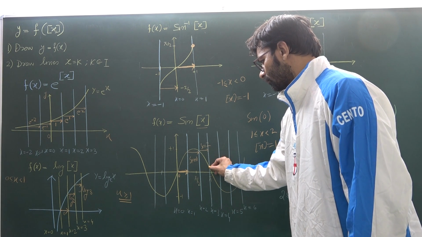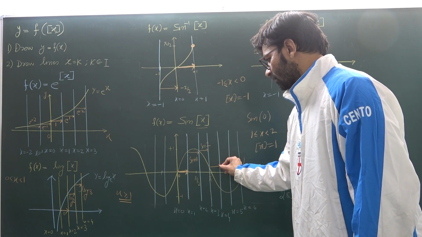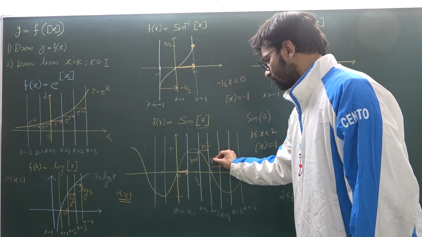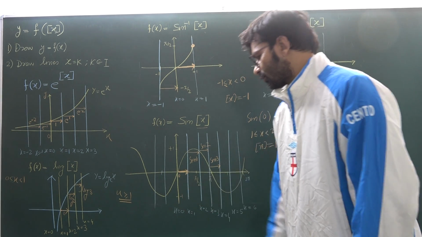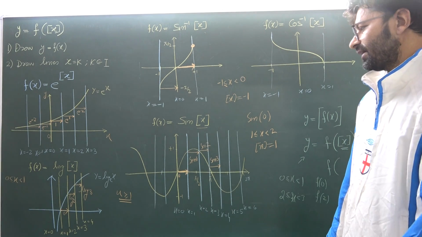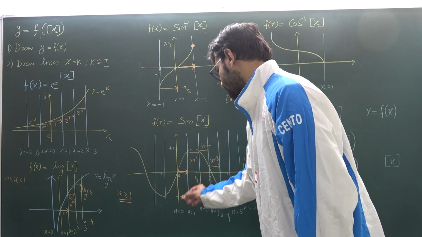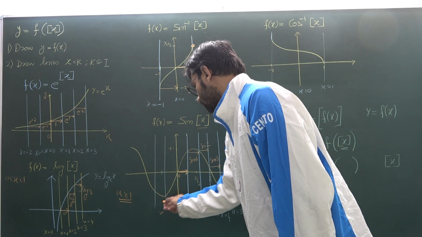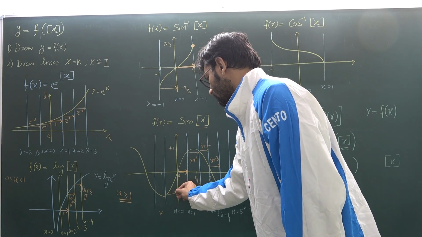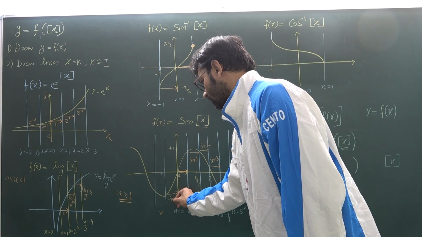Between 3 to 4, the output is sine 3. Between minus 1 to 0, the output is, at x equals minus 1, minus of sine 1.